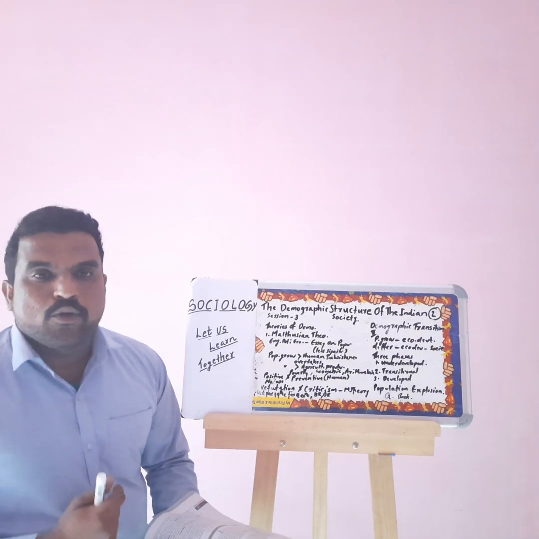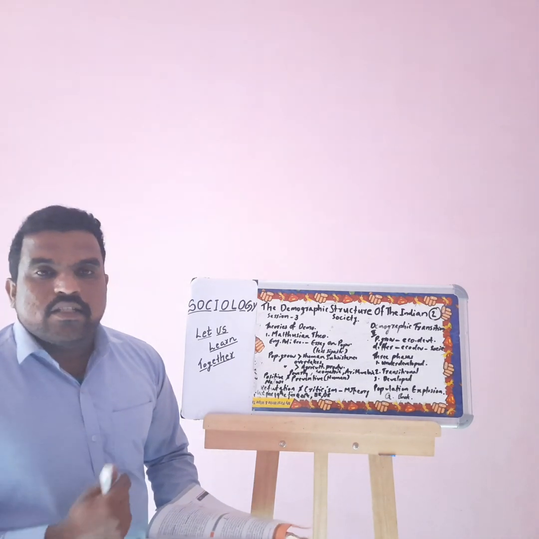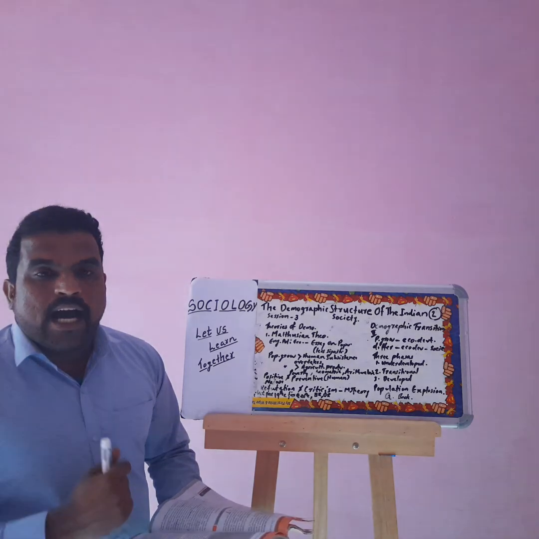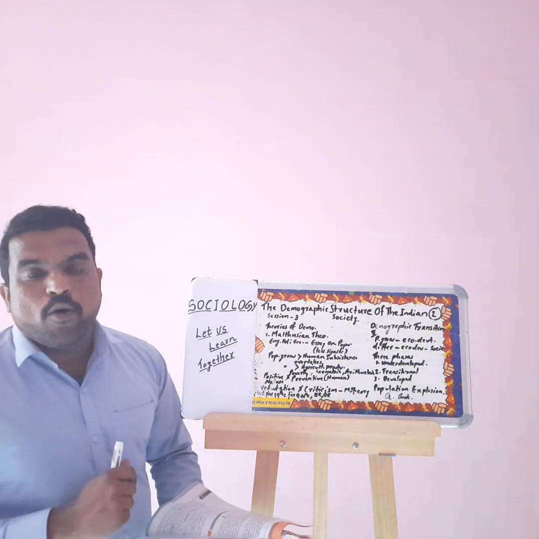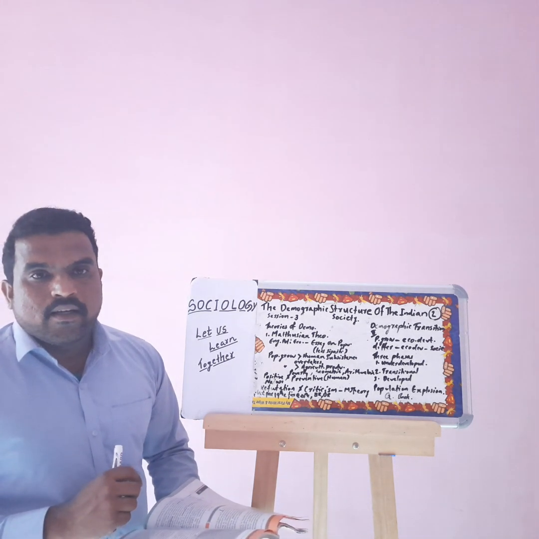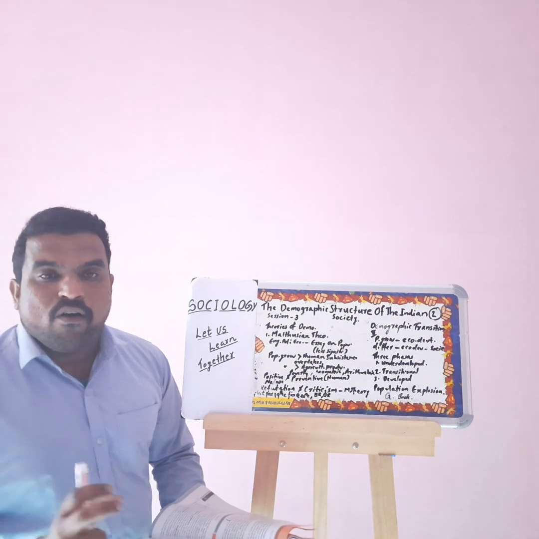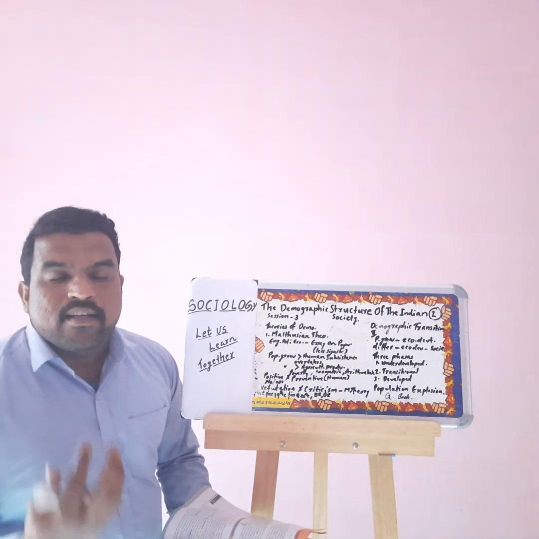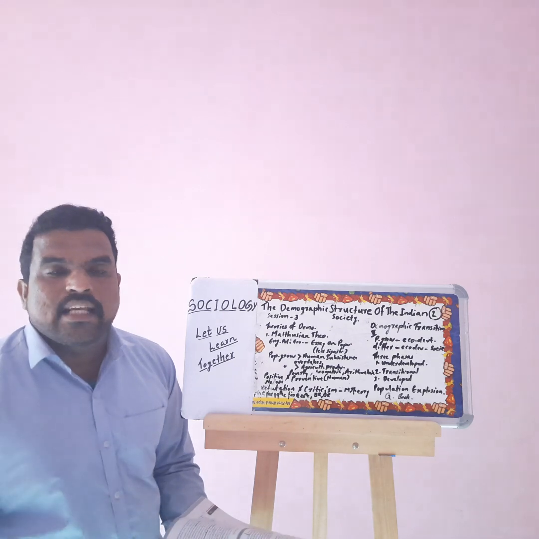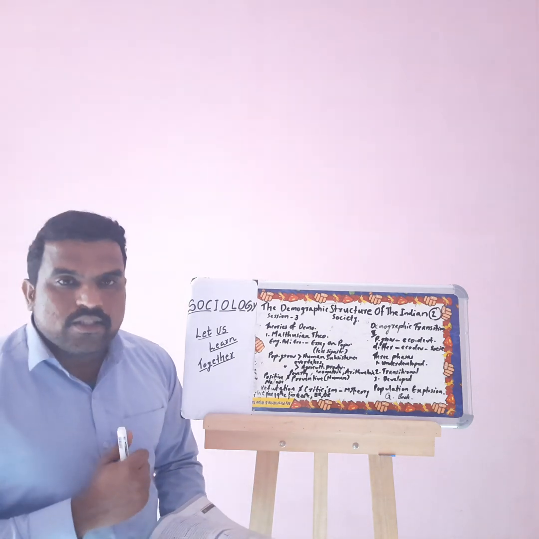In another way, in an unjust society, the administration is not properly done because the resource flows into some hands. Everybody is not getting the benefit of resources.